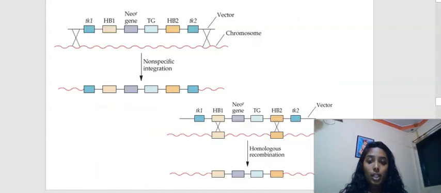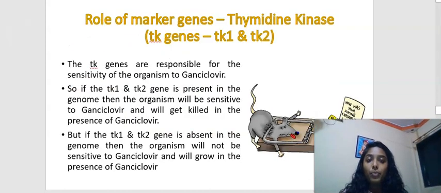If you have the TK gene, it usually provides sensitivity to the organism to the compound ganciclovir. So if the TK gene is present, the organism will be sensitive to ganciclovir and it will die in the presence of ganciclovir. If the TK gene is not present, the organism can survive if ganciclovir is present.